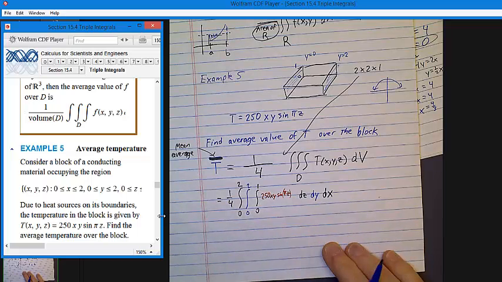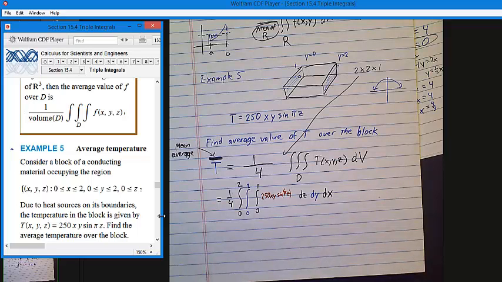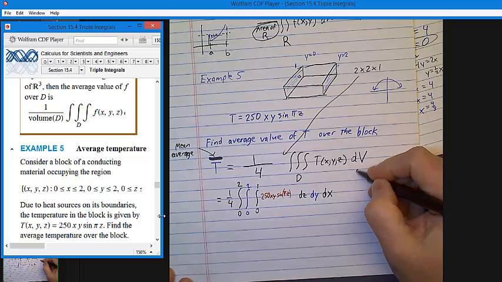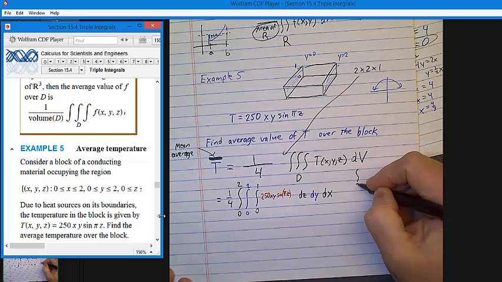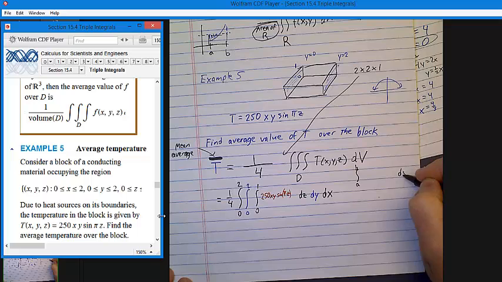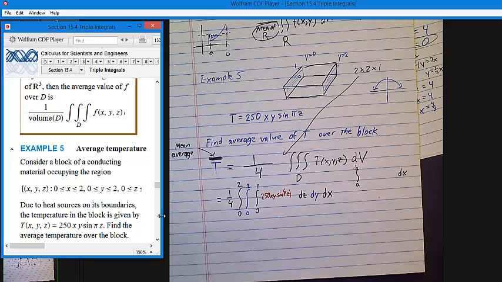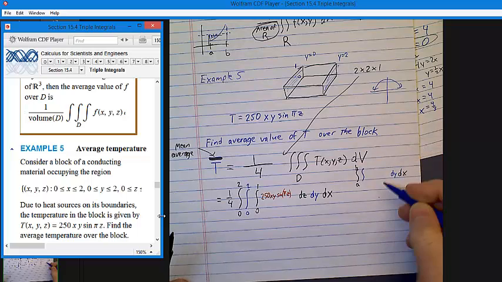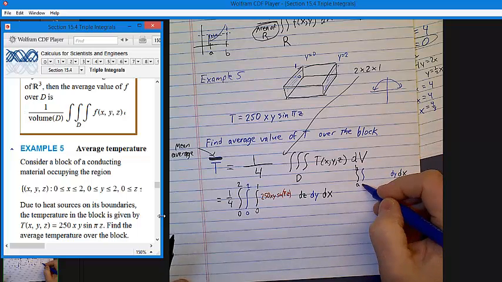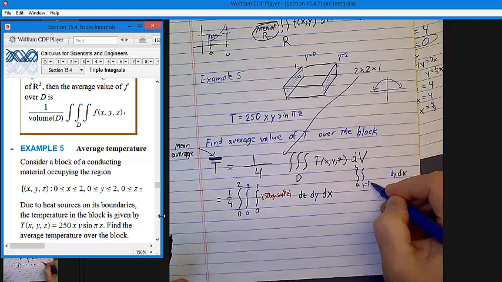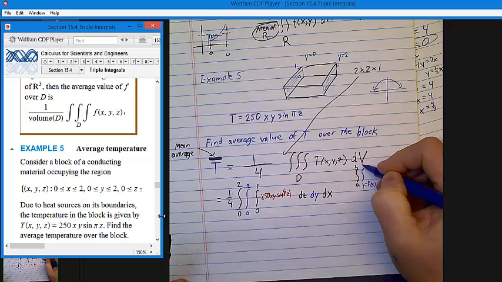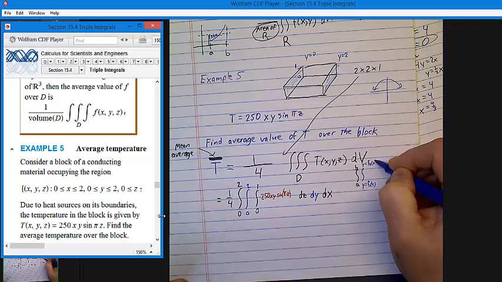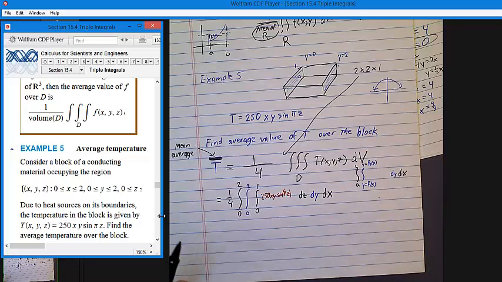In general, what happens? Let's show what happens in general over here. You'll have a number, say a to b dx. But here you'll have some function of x: y equals f1 of x and y equals f2 of x. We've seen that before with double integrals. Well, what's going to happen with triple integrals?